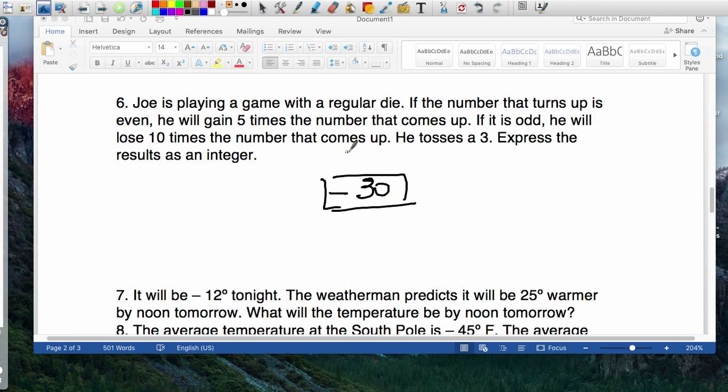Because he tossed a 3, the loss he's going to have is going to be 10 times bigger, so 3 times 10 is 30, and how do we represent a loss? It's a negative number, negative 30.